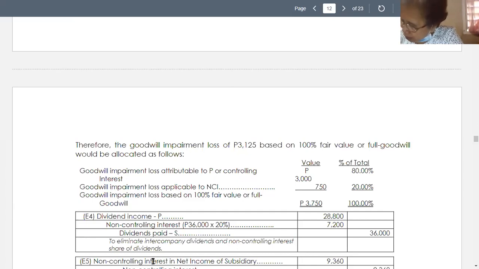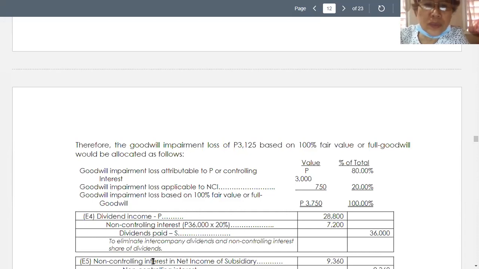It's supposed to be 3,750 based on 100% fair value or full goodwill, and would be allocated as follows. Attributable to P or the controlling interest, equal to 80% of 15,000, so you get 3,000. And to S, 20% or 750. Down, we have the next entry.